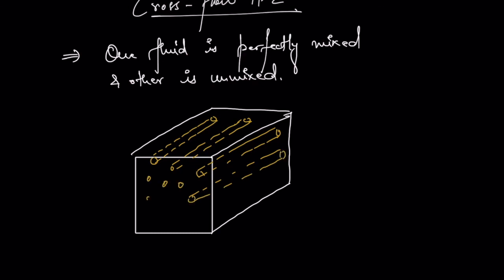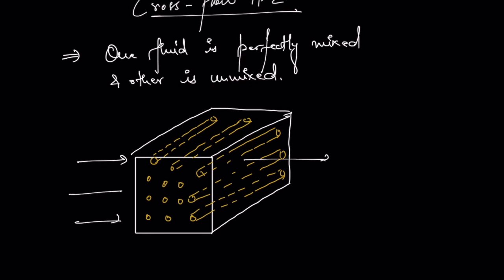Actually, if you see from the front side, you will see the holes, and these are the tubes. Okay, so air is flowing like this, and it's coming out from here.